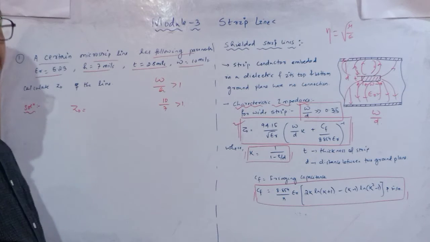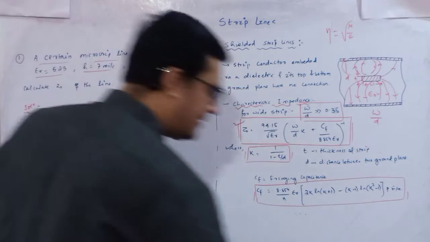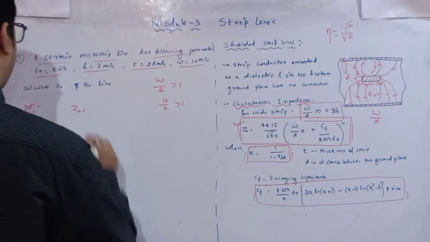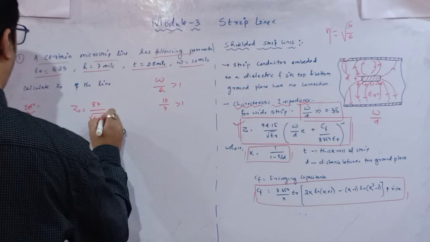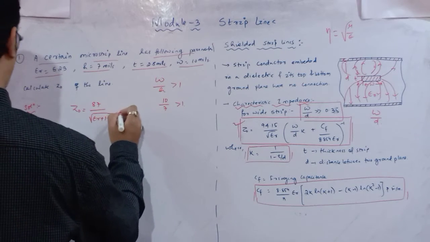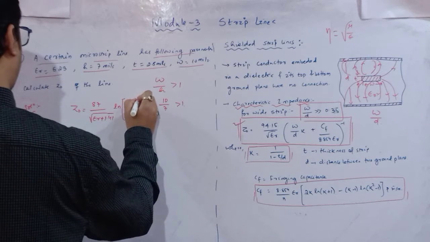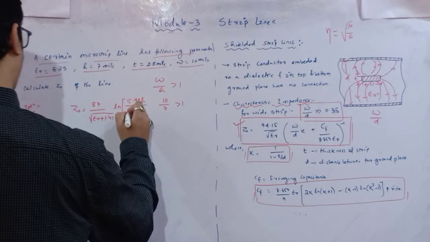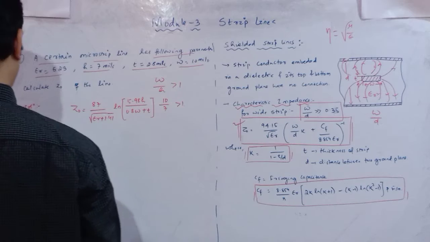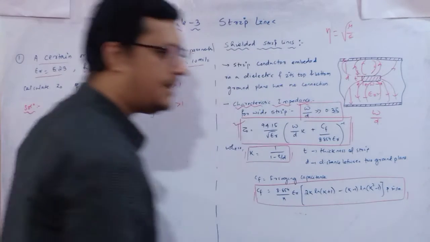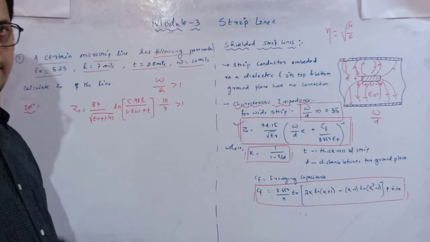So the general equation for the characteristic impedance of a strip line is 87 divided by square root of (epsilon r plus 1.41), then ln of 5.98 h divided by (0.8 w plus t). T is the thickness. So this is the basic relation for the characteristic impedance of the microstrip line.